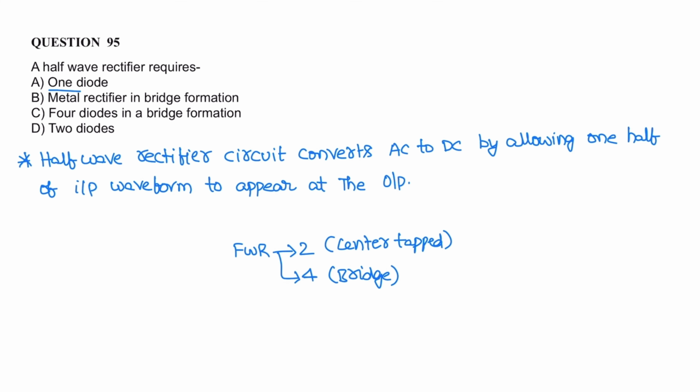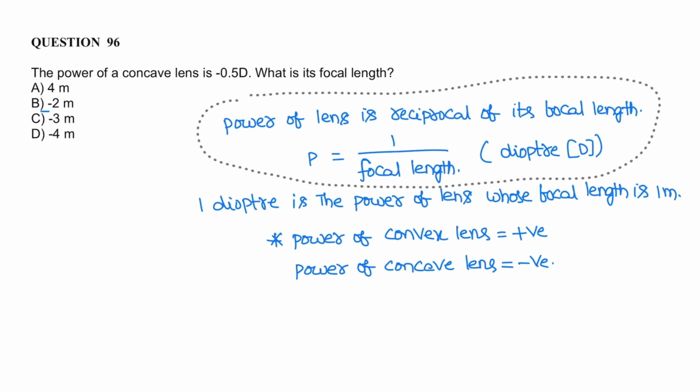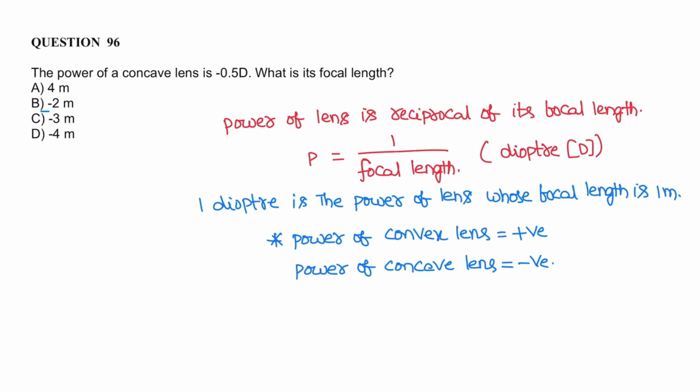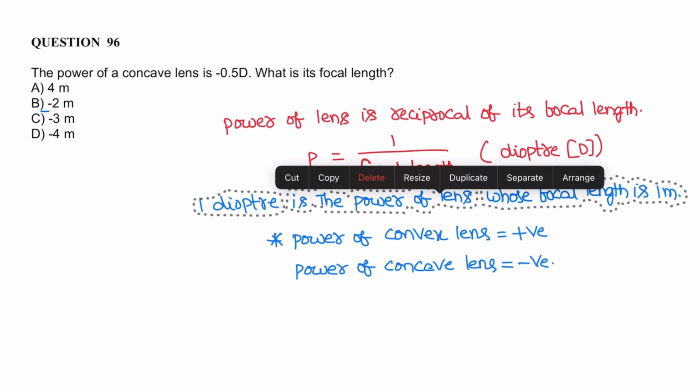Next question. The power of a concave lens is minus 0.5 D. What is its focal length? The power of a lens is the reciprocal of the focal length, that is, P is 1 by focal length. The unit is D, the dioptre. 1 dioptre is the power of a lens whose focal length is 1 meter.